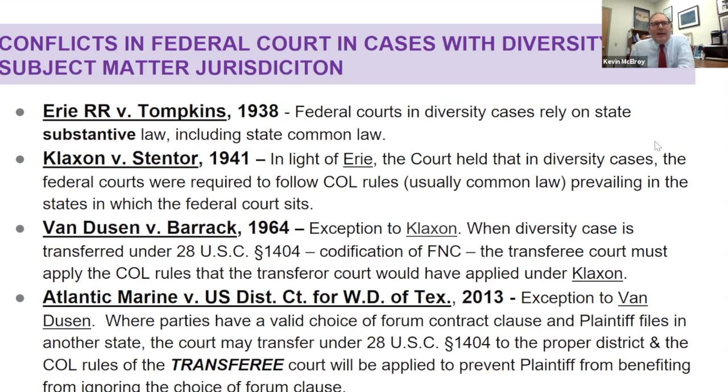And as I said, a forum non conveniens transfer is not based on anything wrong with the venue that's selected by the plaintiff. There was jurisdiction, there was subject matter jurisdiction, and there was proper venue. It's transferred merely for convenience. So the thought process is the plaintiff should not lose their advantage. They didn't do anything wrong here.